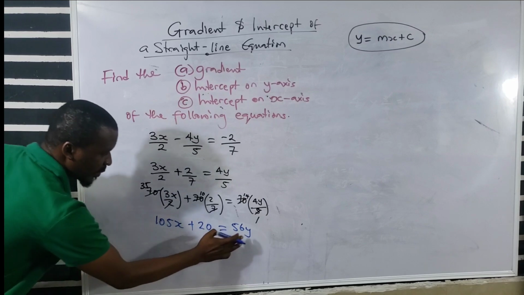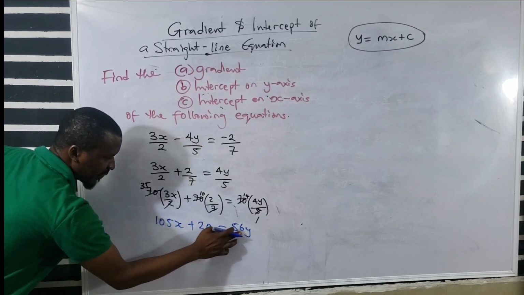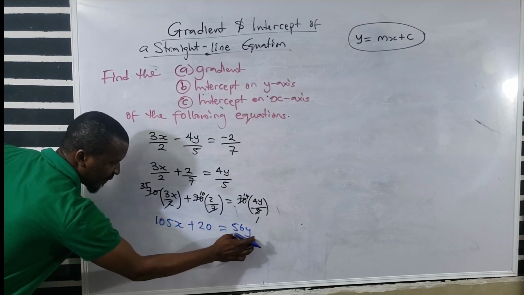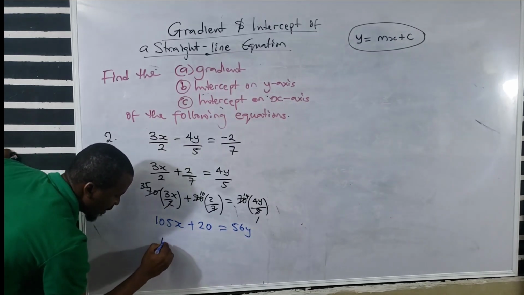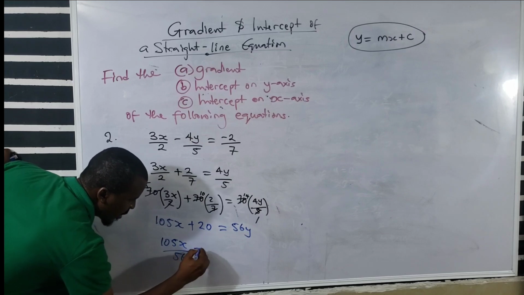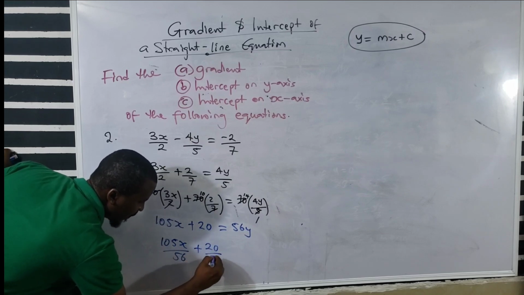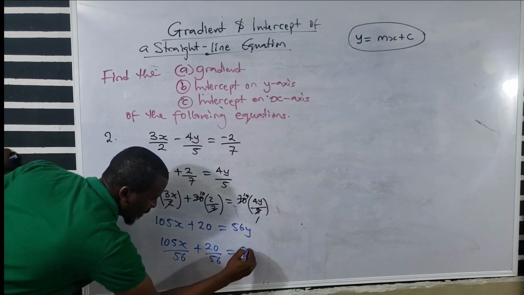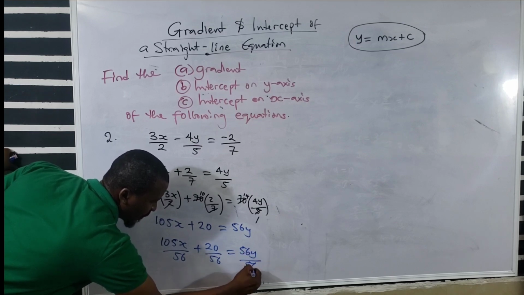So let's divide all through by 56 in order to have our y alone. That will give me 105x over 56 plus 20 over 56 equals 56y over 56.